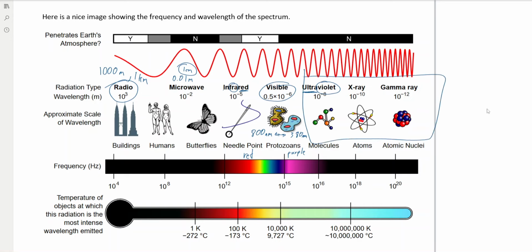These three over here, past the visible spectrum, are the ones that can actually cause damage to our DNA, because they're ionizing radiation. So the other ones, infrared, microwave, radio, they're not very dangerous because, yes, you could heat something up with infrared.